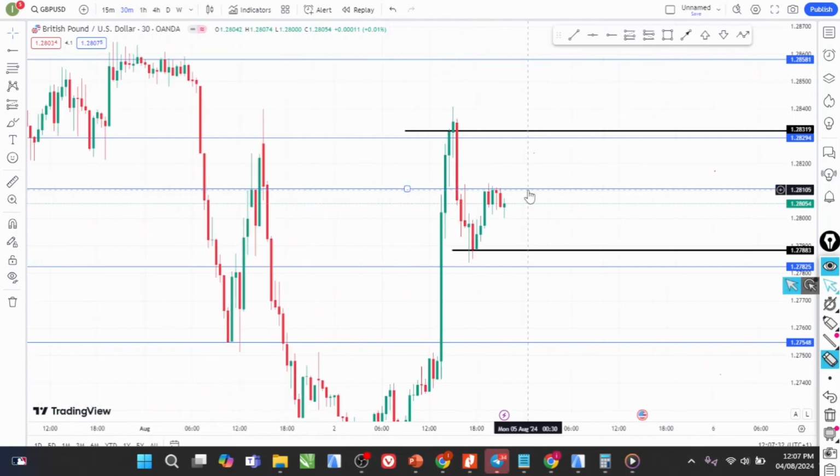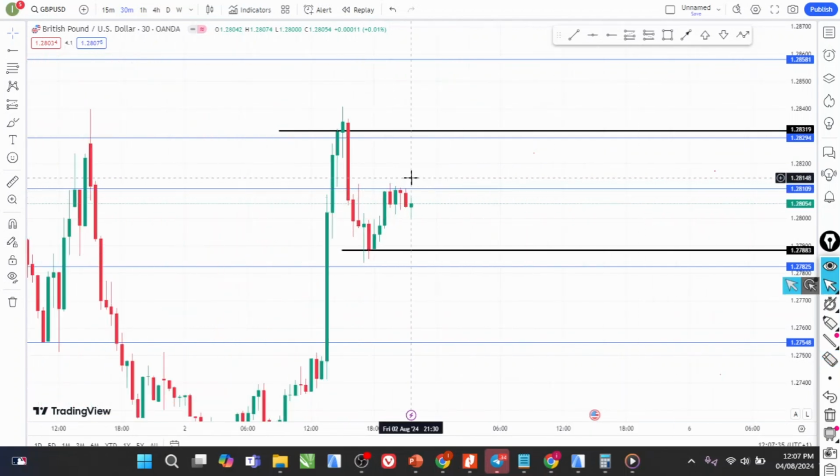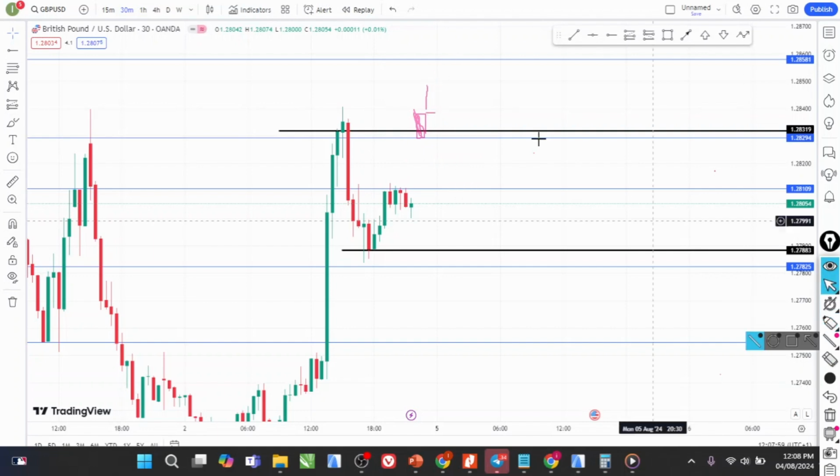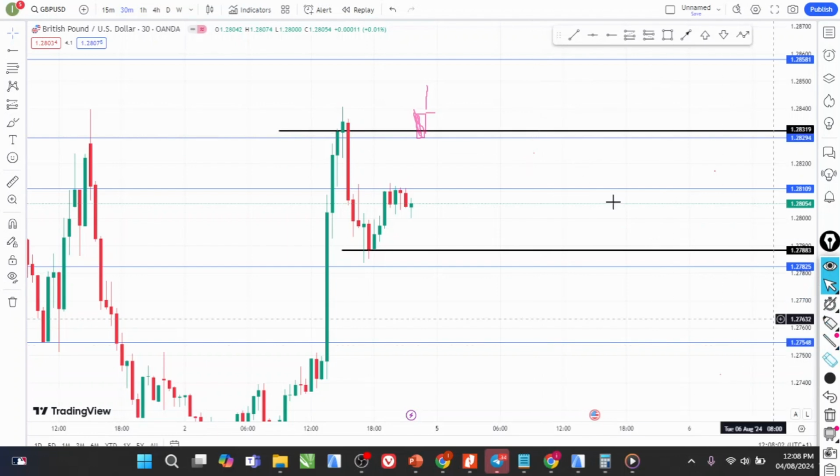If you are looking for buys on GBP USD, wait patiently for a candle to break out of this resistance level, break out and close with a full body candle outside like this, then you're going for a buy. You understand? So this is my analysis for the week. This is what I'm expecting.